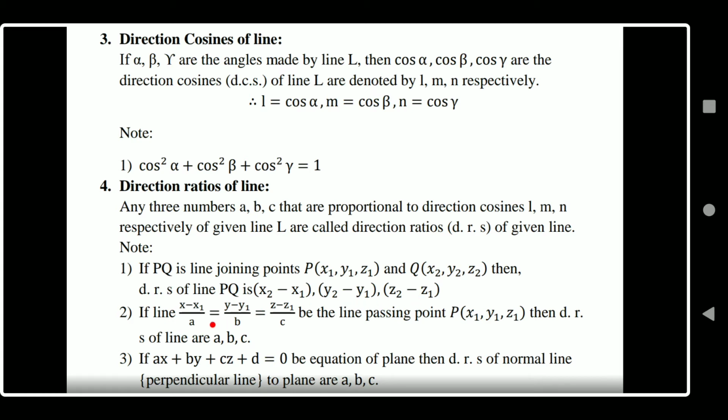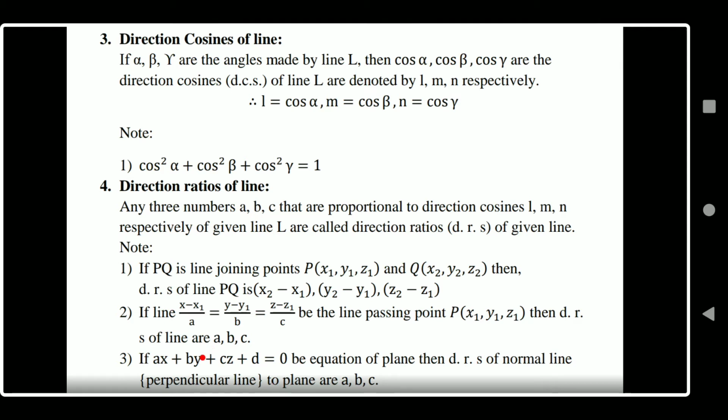Remember this. Second note: if the line (x minus x1) upon a is equal to (y minus y1) upon b equal to (z minus z1) upon c is the line passing through the point P with coordinates x1, y1, z1, then the direction ratios of the line are a, b, c.